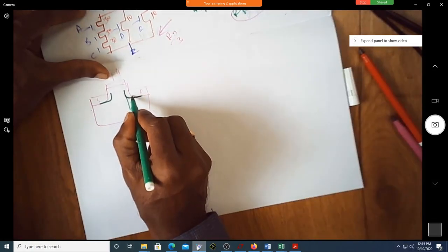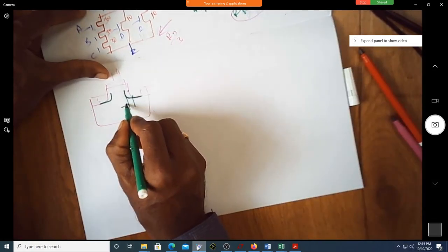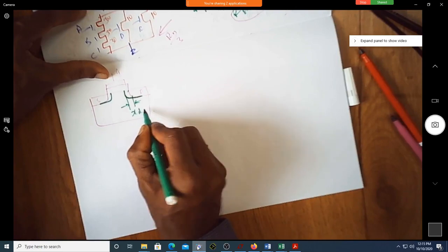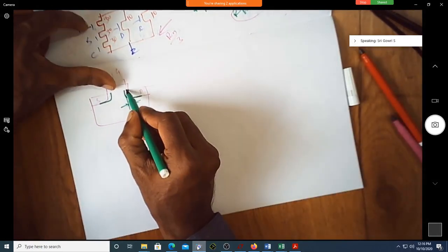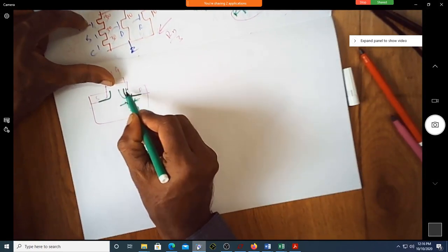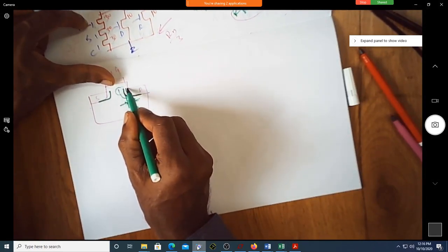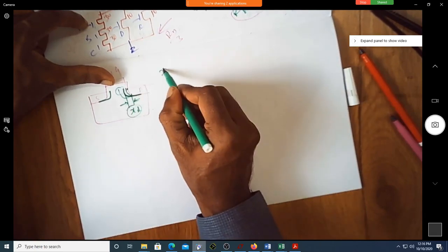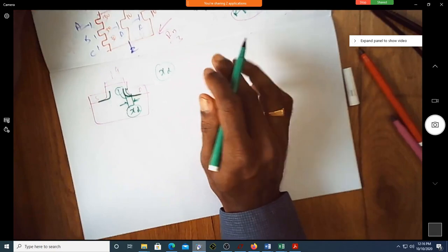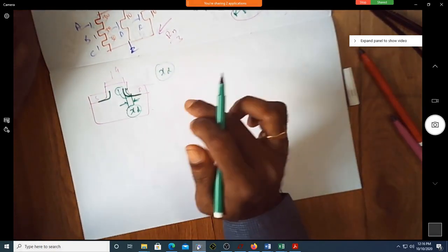This extension is not under the control of the user. I cannot control it, I don't have any control over this overlapping region. It is decided by the foundry people, who manufacture.